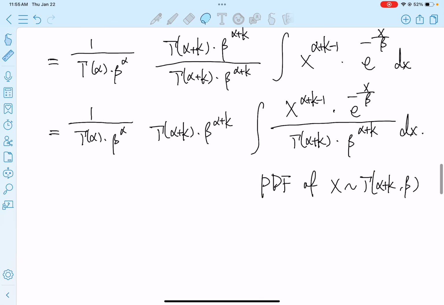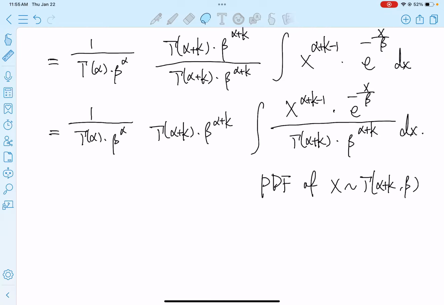So again, the formulation inside the integral is now the probability density function of x that follows a gamma distribution of alpha plus k with parameter beta.